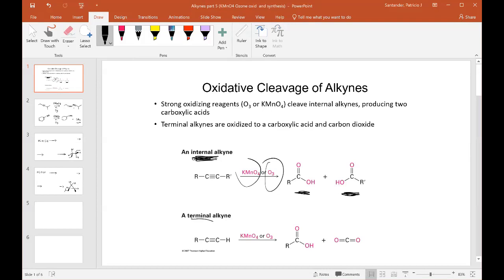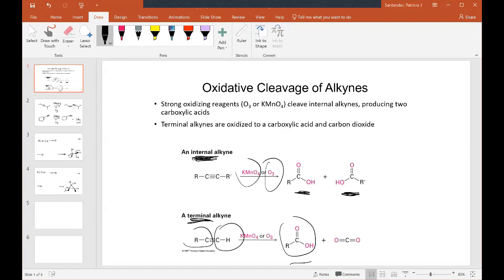But if you have a terminal alkyne, the carbon atom that is without hydrogens will become a carboxylic acid as well. But the other one, the one that had one hydrogen atom, will get oxidized at a higher level of oxidation, and that's why it becomes carbon dioxide, CO2.